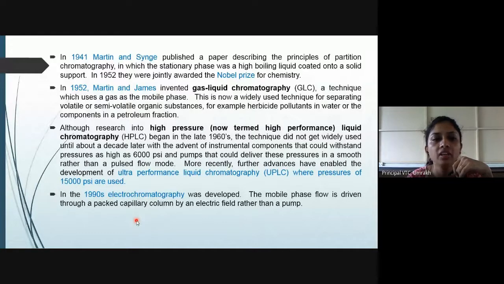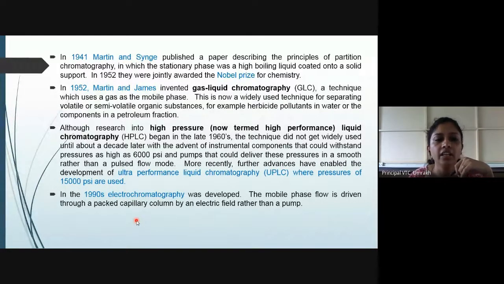Then HPLC was further accepted. With further development, HPLC was updated to UPLC, ultra performance liquid chromatography. HPLC can withstand a pressure of 6000 psi, while UPLC can withstand a pressure of 15,000 psi.